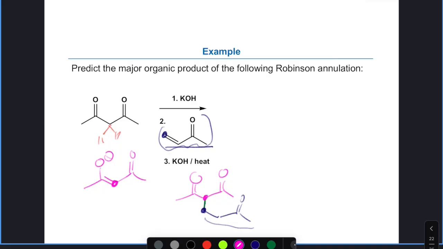Then we come back with more base and generally higher temperature. The 2 reasons we're doing this is we want to make sure we're forcing the enolate generation toward something like the aldol. The heat is there because we're trying to promote, eventually, aldol condensation. So we're not trying to select for just the aldol reaction, but the aldol condensation as well.